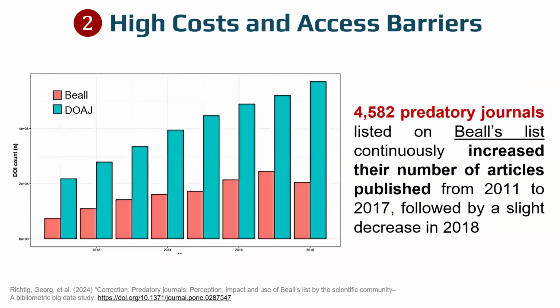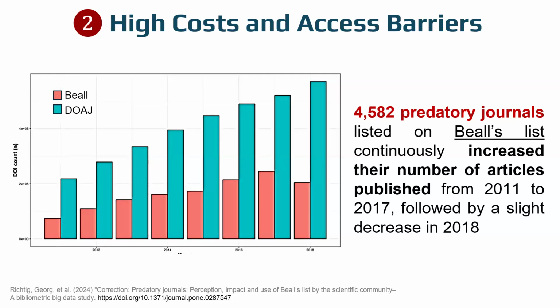Beals is, I think, an American librarian who was tired of the issue of predatory journals, so he started compiling all the journals and publishers that are predatory. If you search Beals list, you can find a website that has a lot of predatory journals.